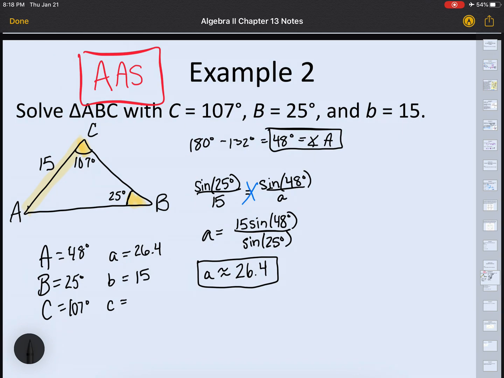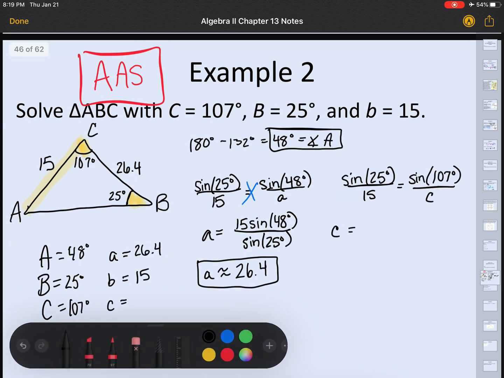And we could do the same thing to find the side length of c. Okay, so little a was 26.4. And if we try to figure out what c is, well, we're going to use B again. So sine of angle B all over side length b is equal to the sine of angle C, which is 107 degrees, all over the side length of little c, which we don't know yet.